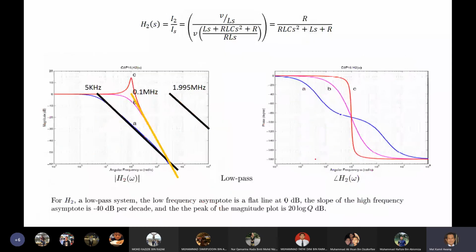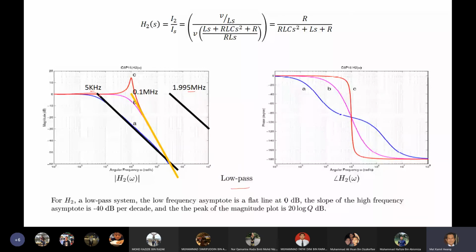H2 is given by this. So H2 essentially is a low pass. Basically you don't have a zero. You only have 2 poles. So the first one, you have 2 poles. One is at 5 kilohertz, another one is here. Since you have no zeros, it's flat until you hit the first pole, 5 kilohertz.